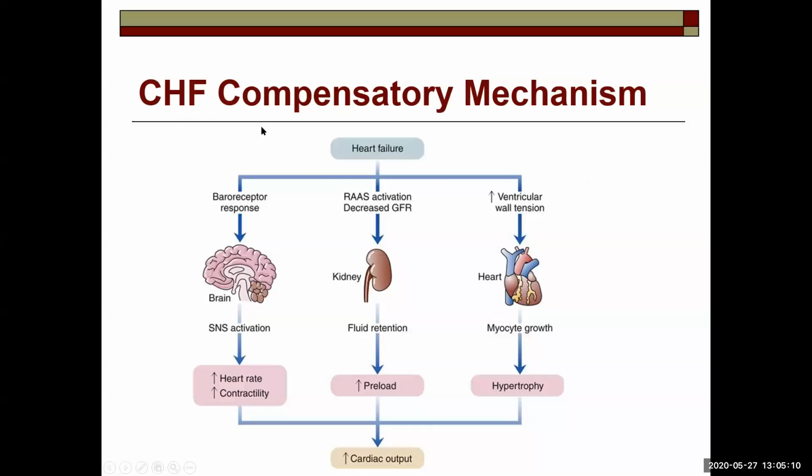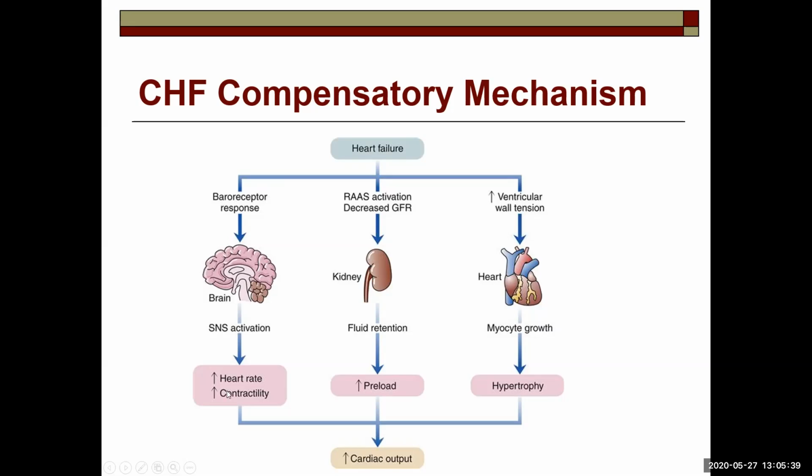So here are some of the congestive heart failure compensation mechanisms. If you have heart failure, there are three pathways where we can compensate. First of all, the baroreceptor response, which is the sympathetic. If you have heart failure, the baroreceptors will kick in and tell the sympathetic nervous system to increase the heart rate and increase contractility.